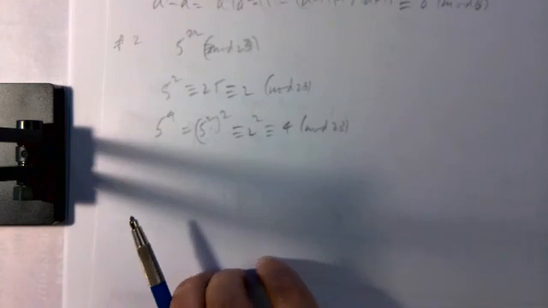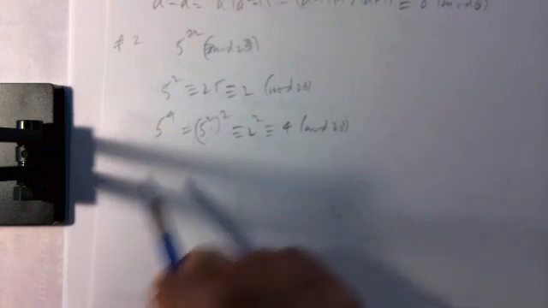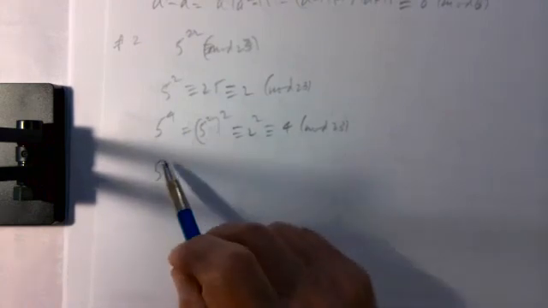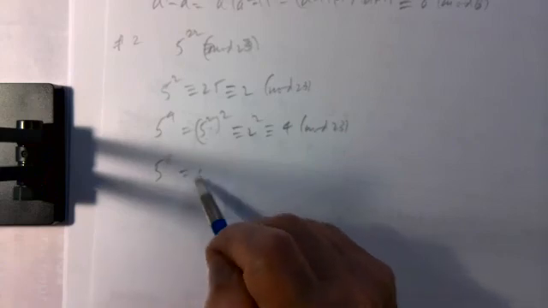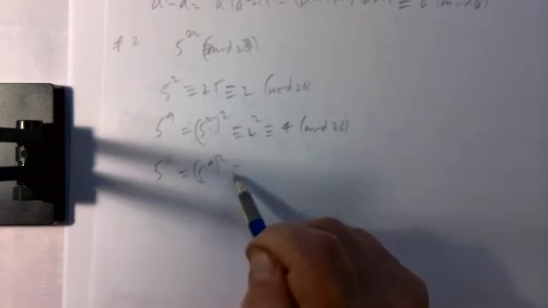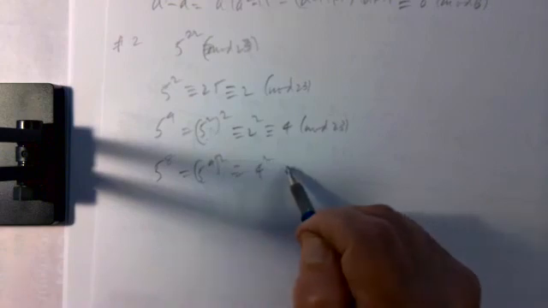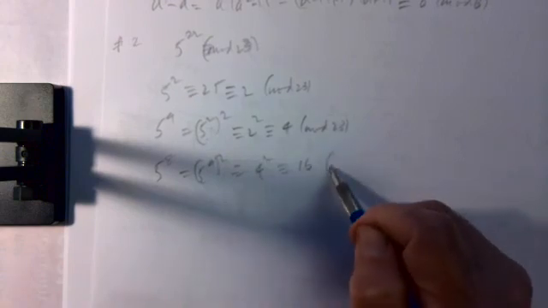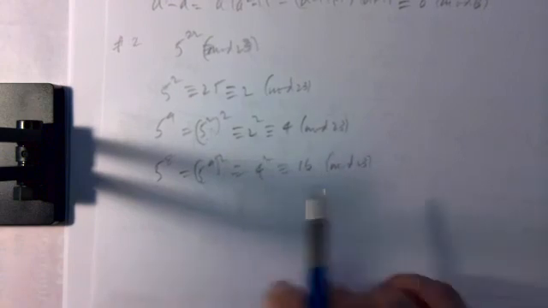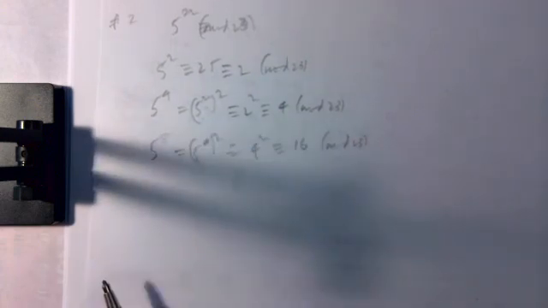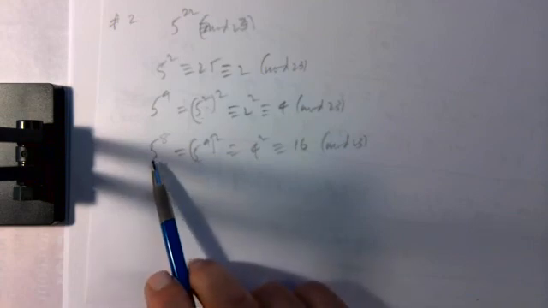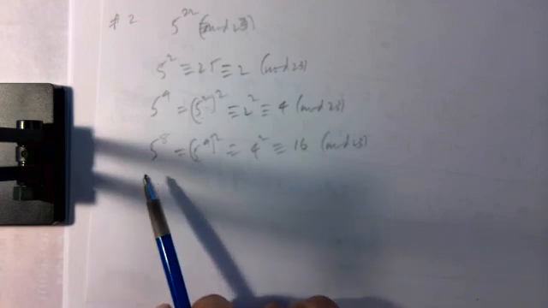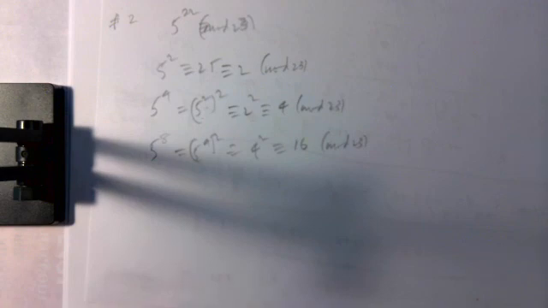And 5 to the 8th, which is 5 to the 4th squared, is the same as 4 squared, or 16 mod 23. I'm just trying to get different powers. Yeah, I see what you are doing.